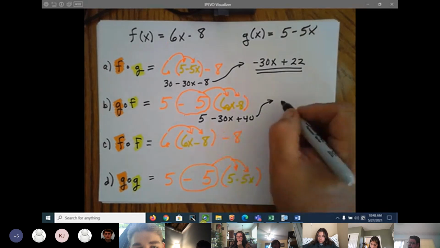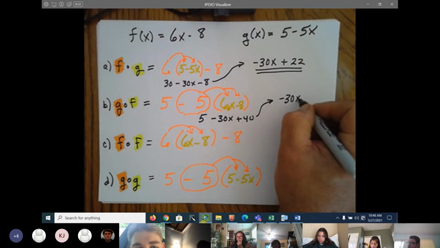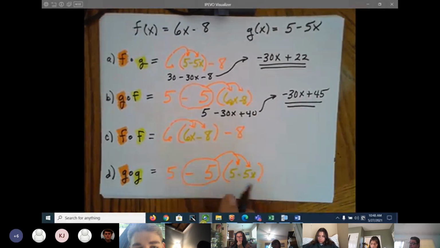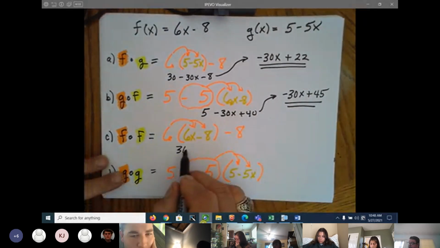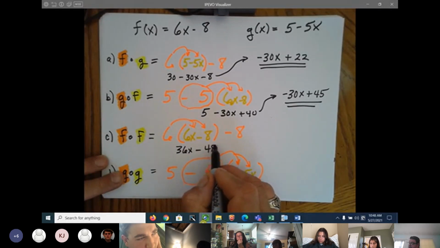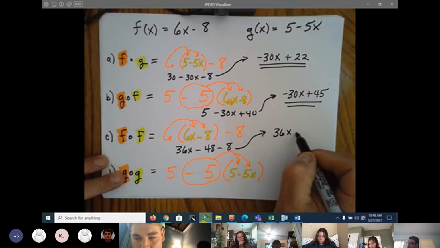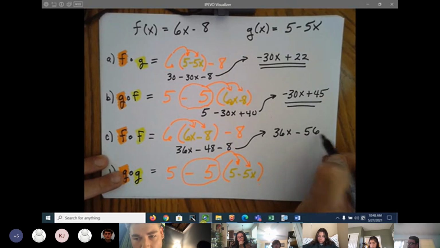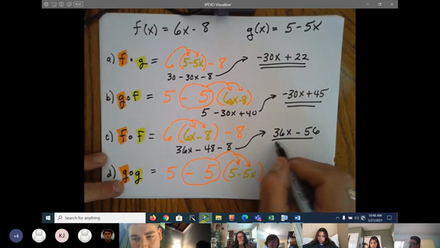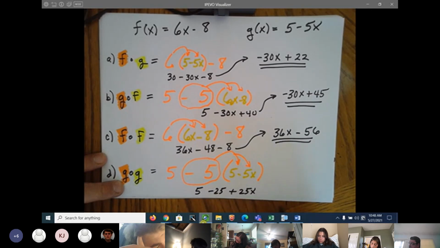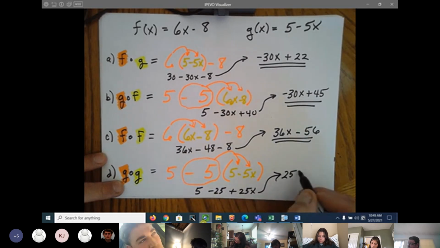And that'll give us 45, or negative 30x plus 45. 36x minus 48 minus 8. 36x minus 56. Check my math on that one. And 5 minus 25 plus 25x. 25x minus 20.